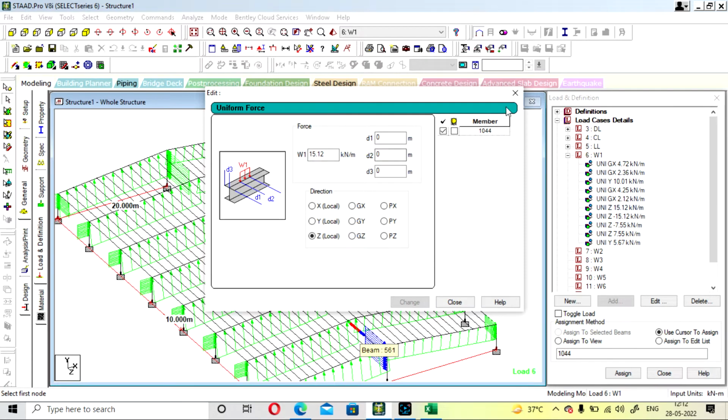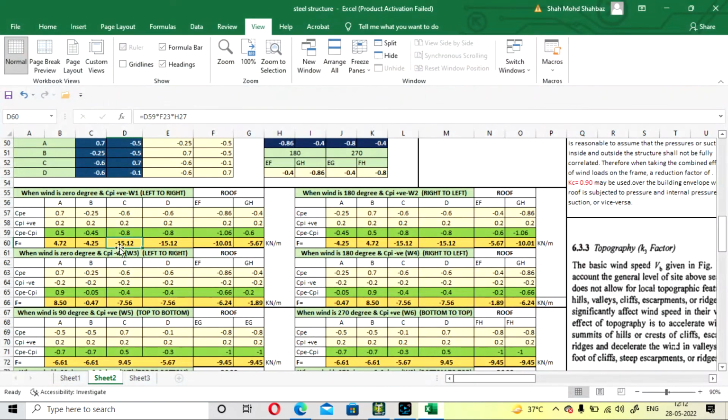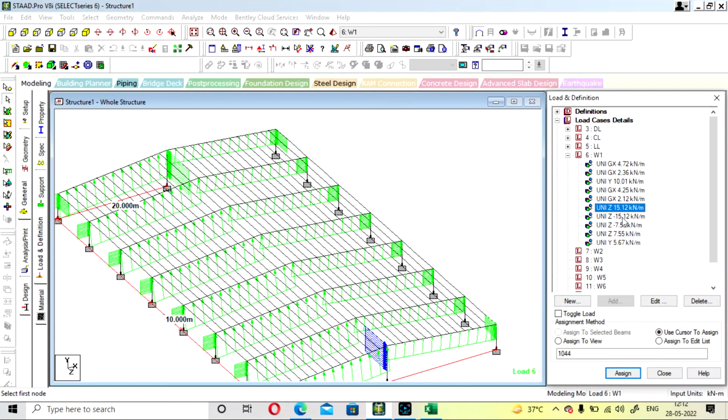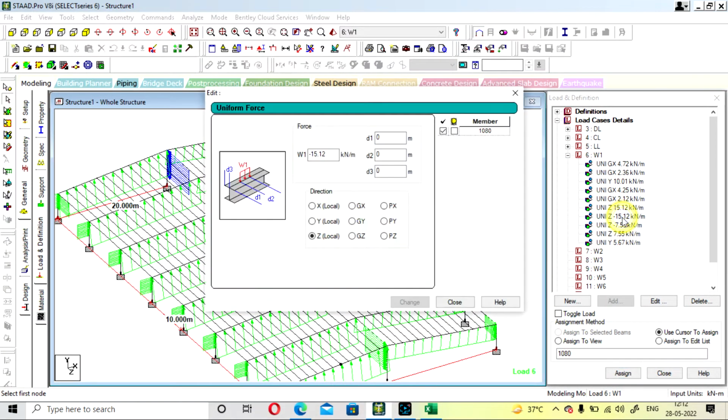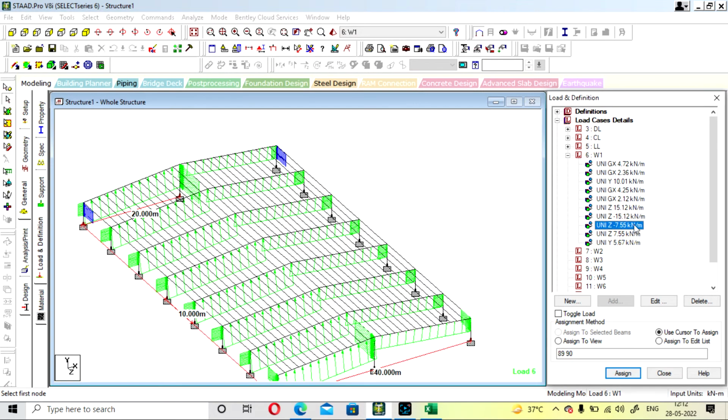So we get 15.12, and for the C value, that is minus 15.12, similar value is there, so you have to provide negative value, it is going opposite to the z direction. Okay, and for the corner column we have to again halve the value, that is 15.12 divided by 2.